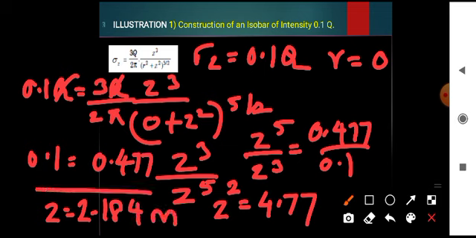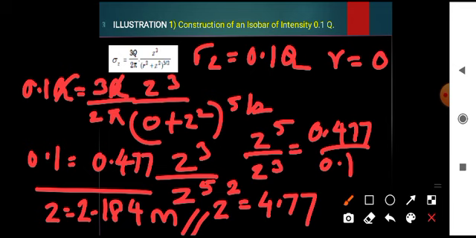Note that 2.184 meter. This is very much important. This is the extreme boundary, so our isobar should not cross this particular depth. So z is equal to 2.184 meter.